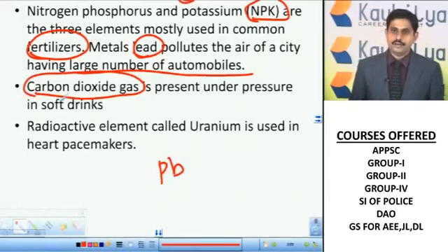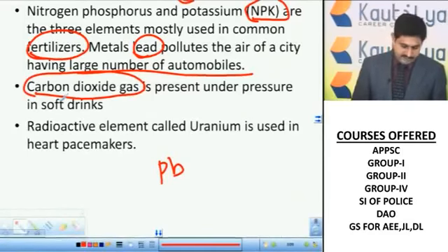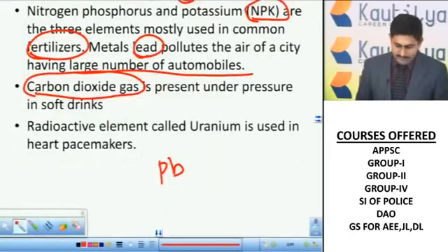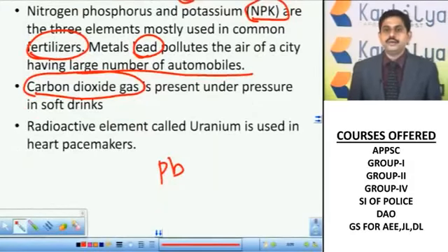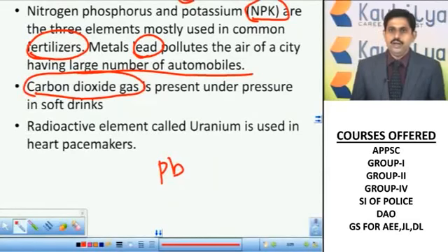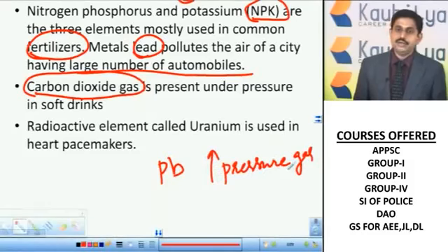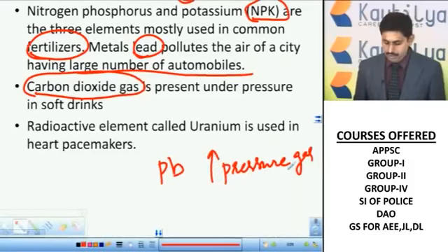The gas filled in cool drinks is called carbon dioxide. Cool drinks are a liquid and carbon dioxide is a gas. If you want to fill a gas in a liquid, we need high pressure. When you apply high pressure to the gas, it dissolves in the liquid.